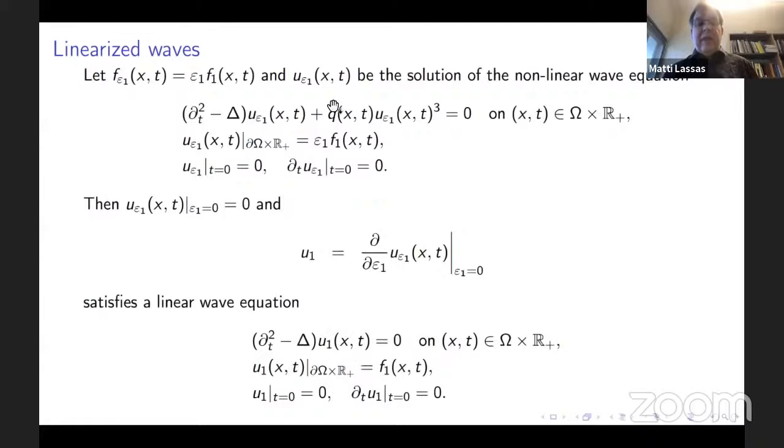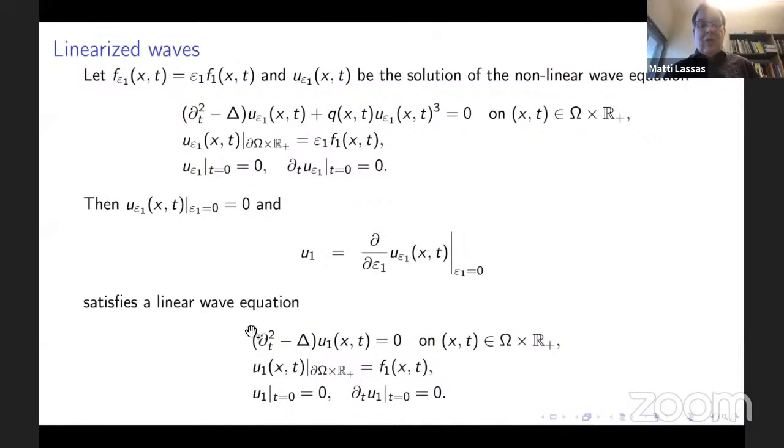Then we compute the derivative of this term with respect to epsilon. When epsilon 1 is 0, this term vanishes. So we compute the derivative of u to power 3 at 0. This gives us value 0. So the nonlinearity vanishes, and we are left with a linear wave equation for u1 with the boundary value f1.